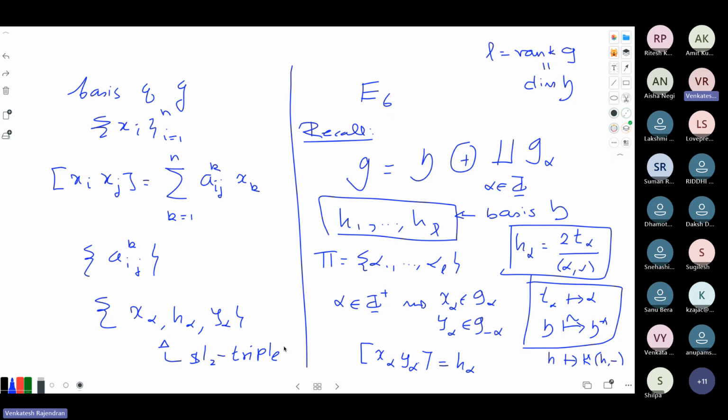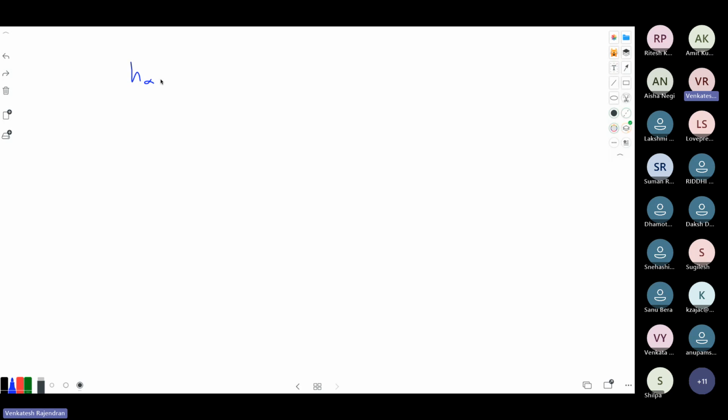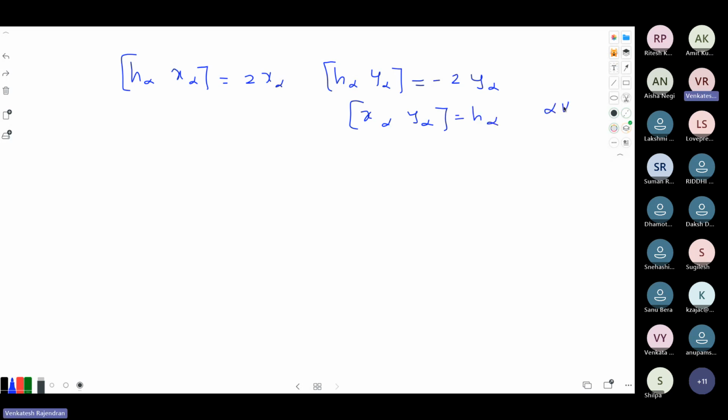So you already have some structure constants among this part of the basis elements. Let me just recall: [H_alpha, X_alpha] is twice X_alpha, [H_alpha, Y_alpha] is minus twice Y_alpha, and [X_alpha, Y_alpha] is H_alpha. This holds for all alpha in the positive roots, and the negative roots are already included.